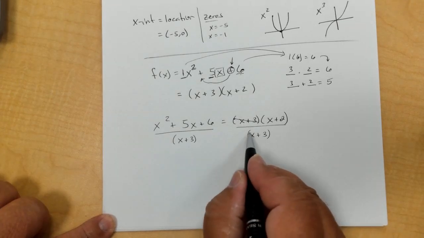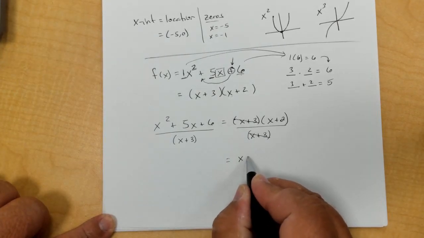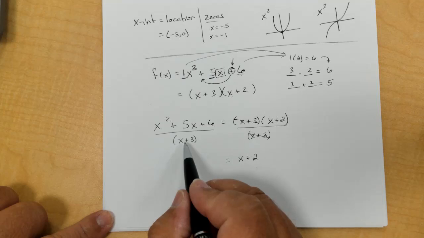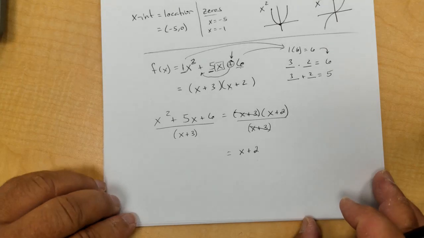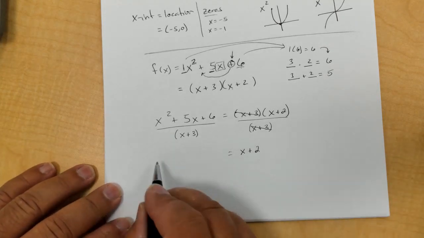On the right side of that, x plus 3 cancels out. We should get x plus 2 as a final answer if we do this division. That's what we're going to have to do first.